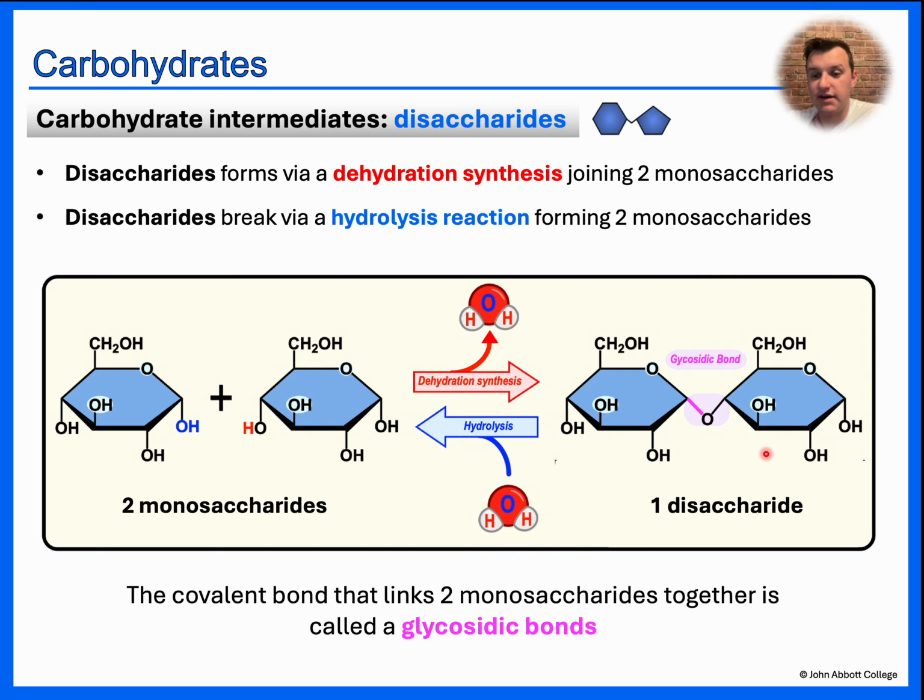Glyco, because it's this sugar and this sugar together. Glyco sounds like gluco. So glycosidic bond because glyco sounds like sugar a bit, and we're forming a bond between the 2 monosaccharides.